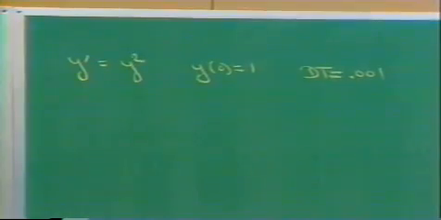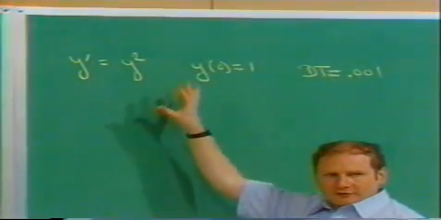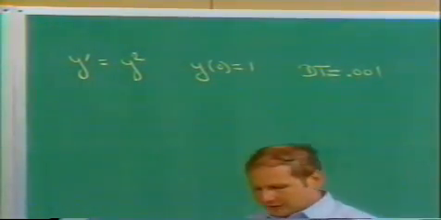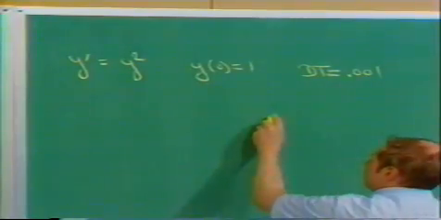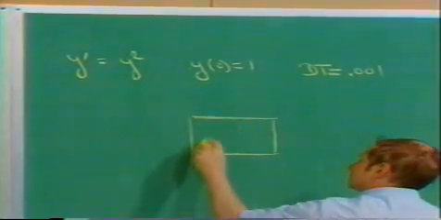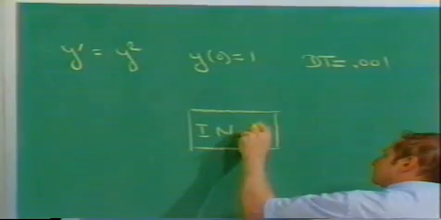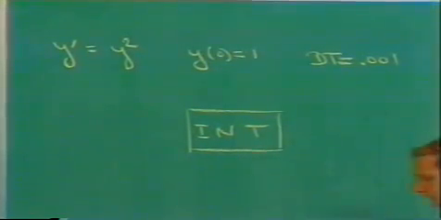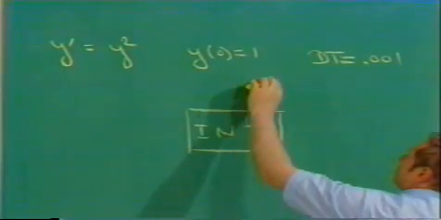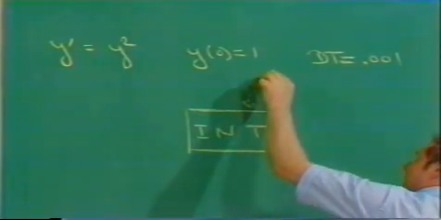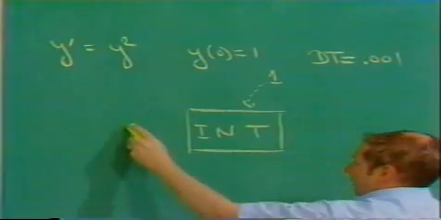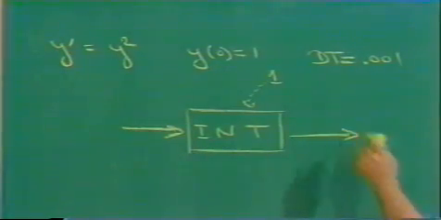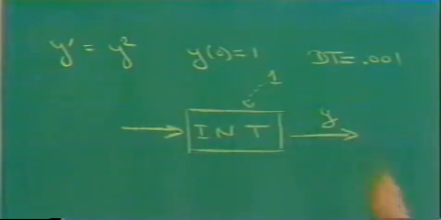Now, in the old days, people built analog computers to solve these kinds of things. And the way you do that is really simple. You get yourself an integrator, like that one, integrator box. And we put in the initial value, y of 0 is 1. And now, if we feed something in and get something out, what we're getting out is the answer.